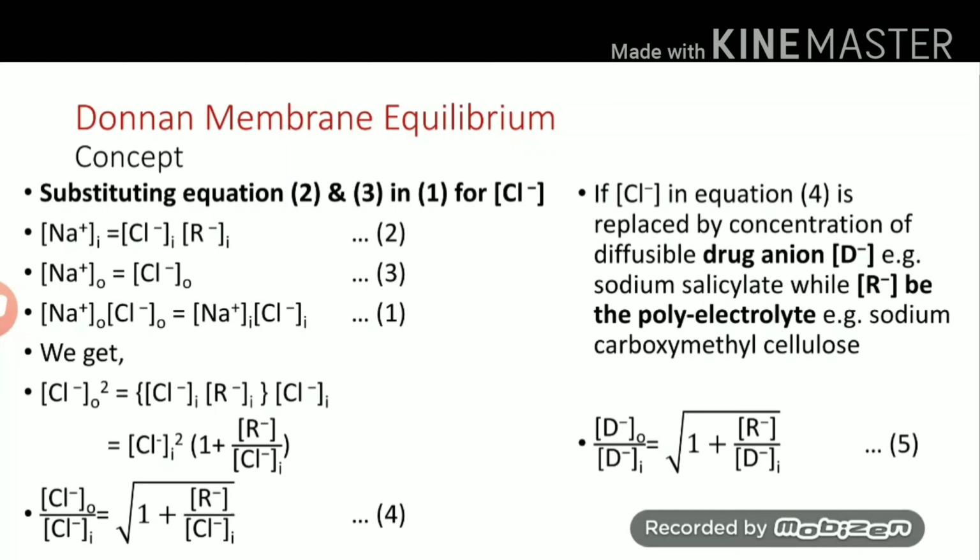If chloride negative in equation 4 is replaced by the concentration of diffusible anion D negative, suppose sodium salicylate, while R negative is the polyelectrolyte, for example sodium carboxymethyl cellulose, then the equation will become D negative outside divided by D negative inside is equal to the square root of 1 plus R negative divided by D negative inside.